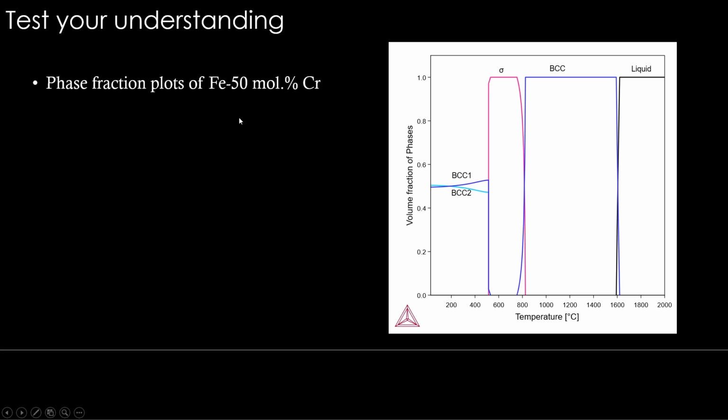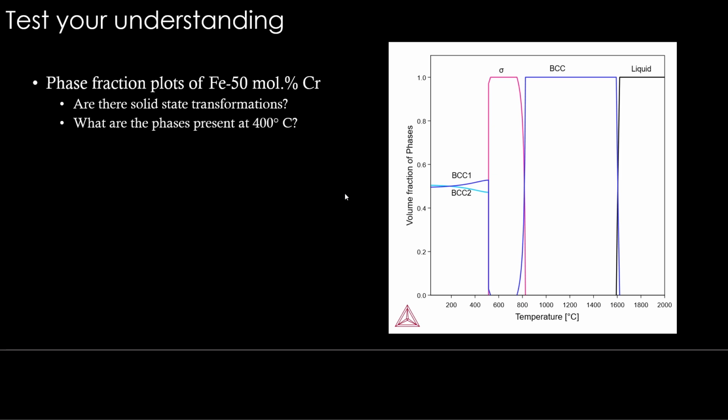Right? Test your understanding with this. The phase fraction plot for iron 50 mole % chromium is given here. These are the questions. Are there solid state transformations? Think about that. What are the phases present at 400 degrees Celsius? So 400 degrees Celsius is here. Think about that.